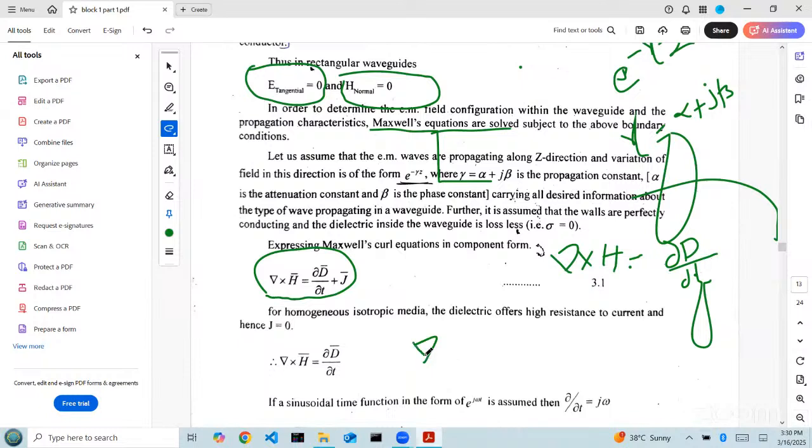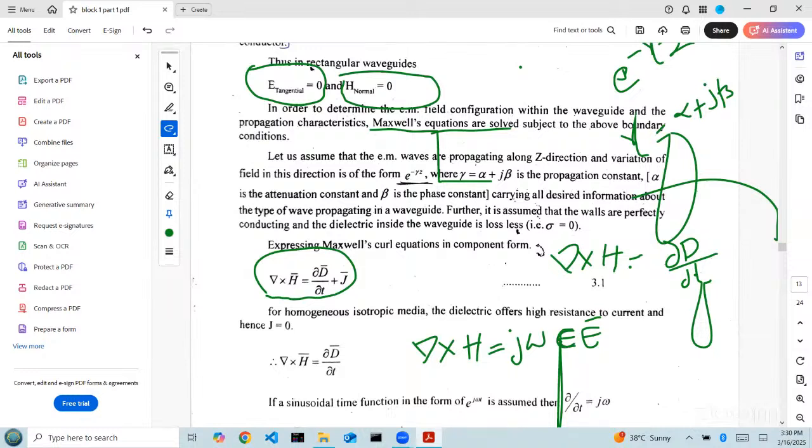Then what answer will we get, which is on the next page? Del cross H equal to J omega epsilon E. In place of dou by dou T, I am substituting J omega, and in place of capital D, I am substituting epsilon times the electric field E. So this is the equation of del cross H. Is this clear, del cross H?